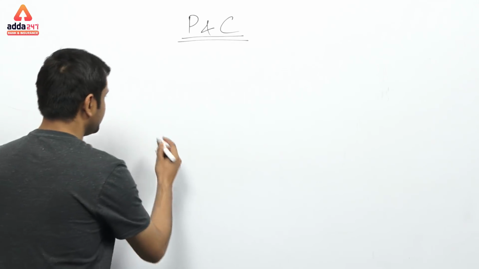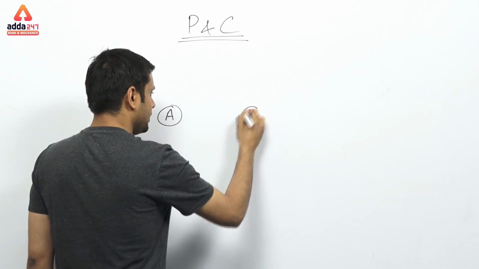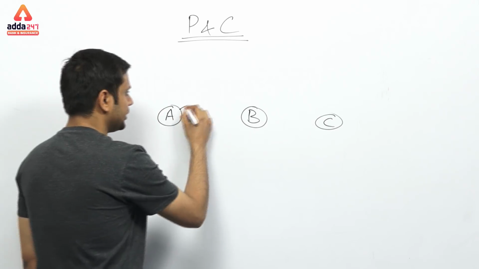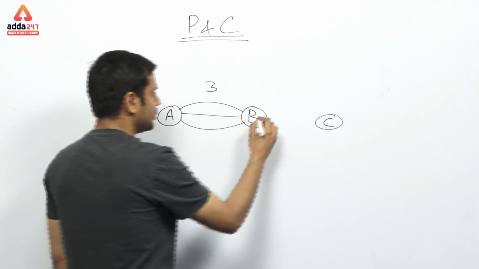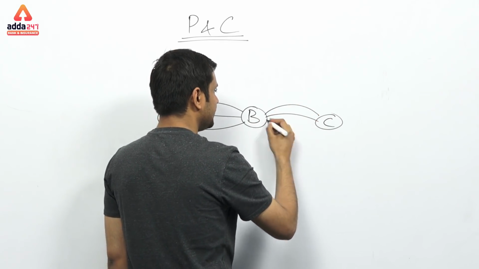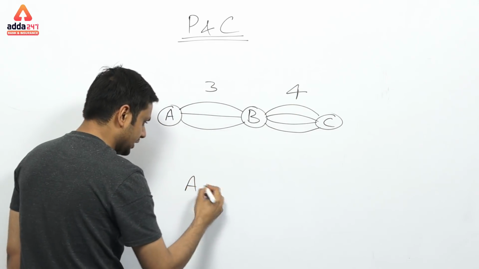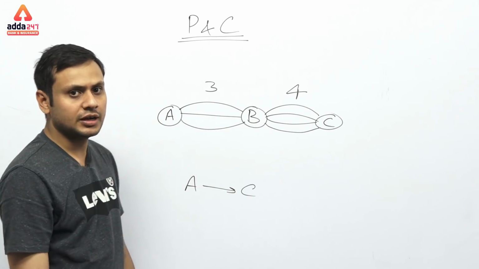Guys, suppose there is a town named A, another town named B, and a third town named C. Let's say the number of roads connecting A and B is 3, and the number of roads connecting B and C, let's say it is 4, right? Let's say the question is, in how many ways can a person travel from A to C?